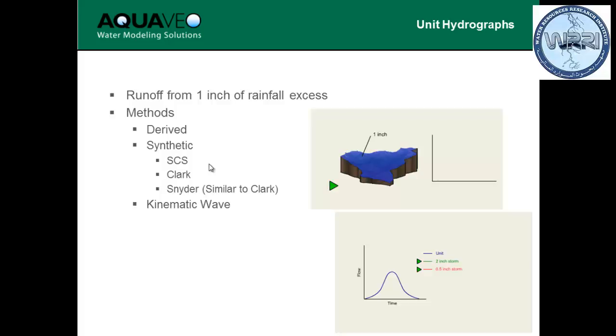And so if it rains 2 inches, it'll multiply the hydrograph by 2. If it rains 0.5 inches, it'll divide the hydrograph in half, or multiply by 0.5. So that's a unit hydrograph. And I'm saying 1 inch, but it also could be 1 millimeter of rainfall.